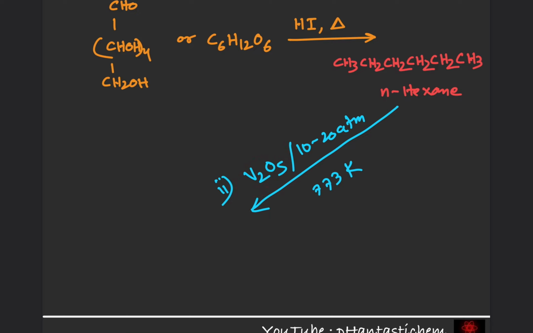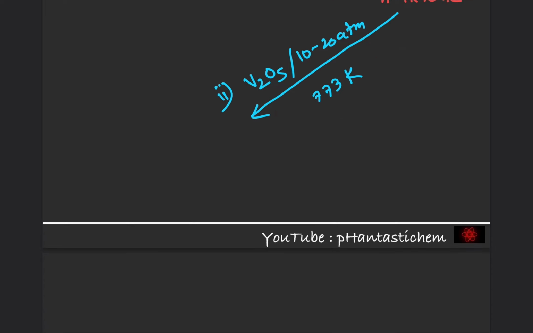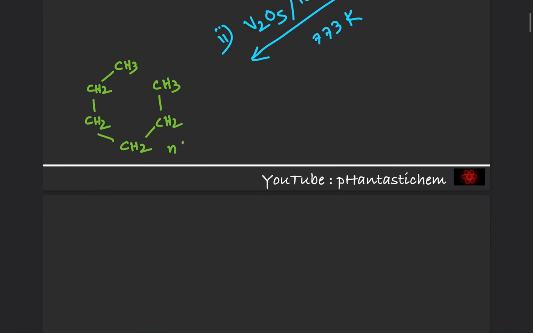Okay, so therefore with respect to reaction I can write CH3, CH2, CH2, CH2, CH2, and CH3. So this is my n-hexane.